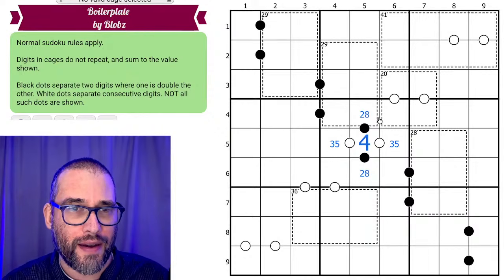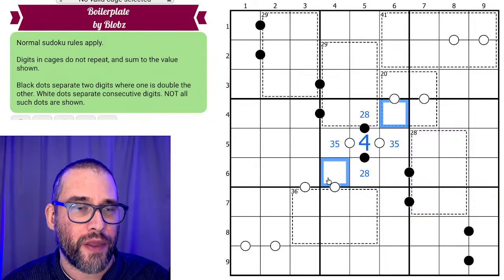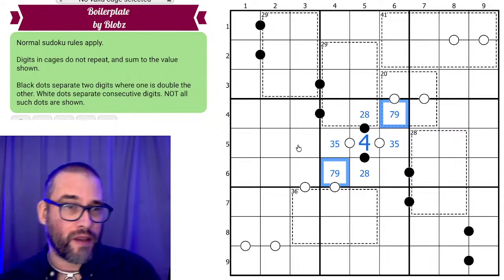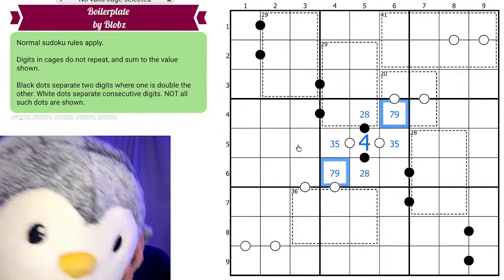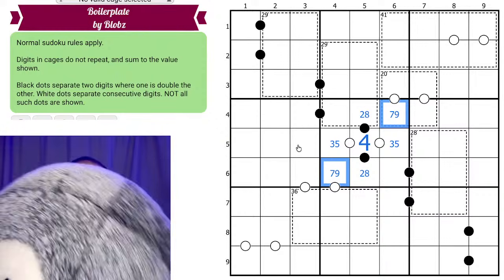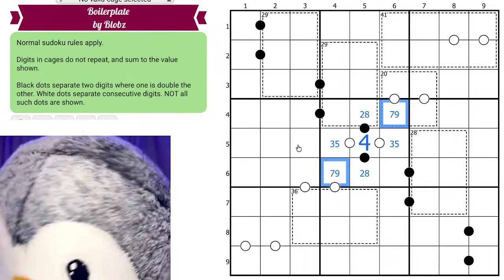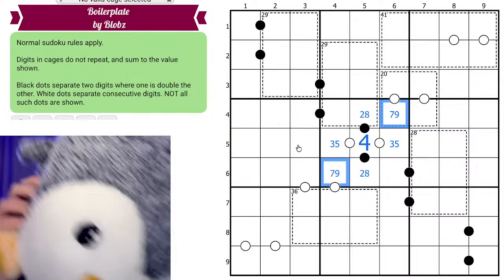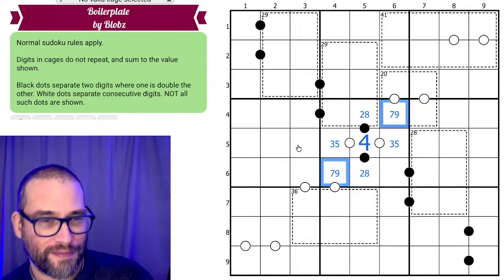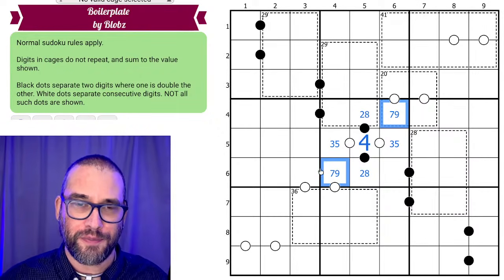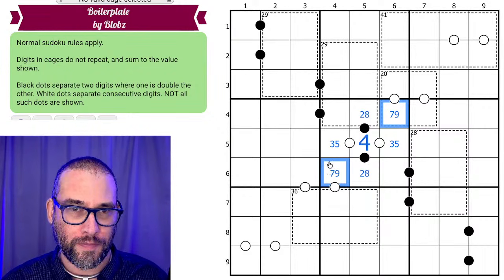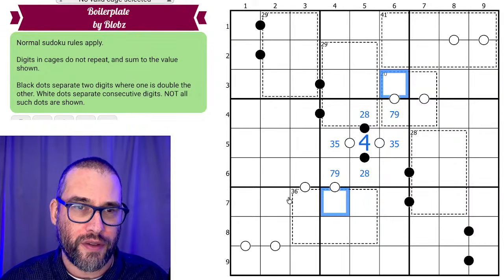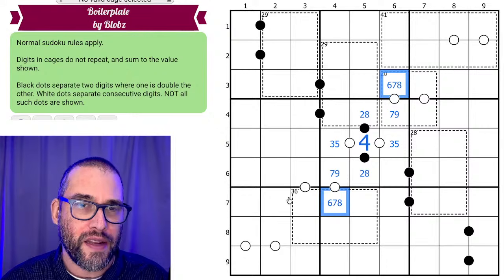7 and 9 in this box can only go in the corners. Oh, 4 did. Thank you, Jennifer. Thank you, Zach. So these are from 6, 7, 8 only.